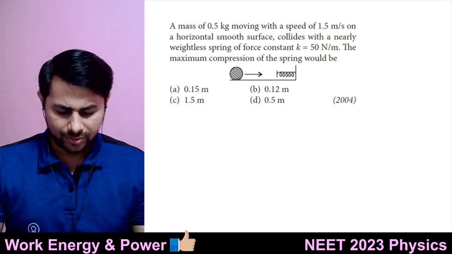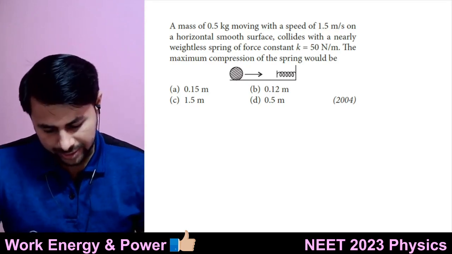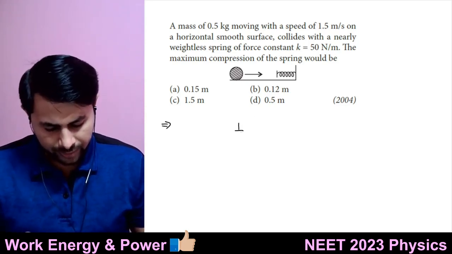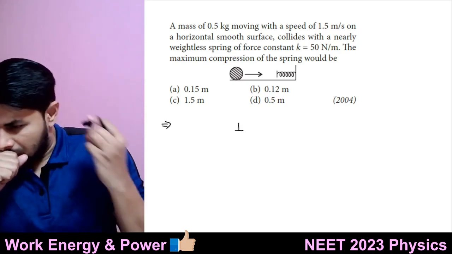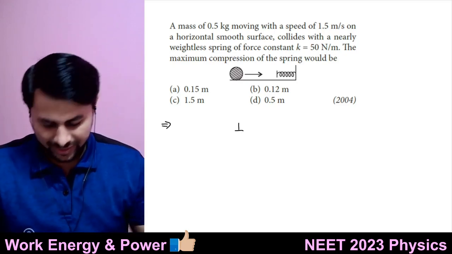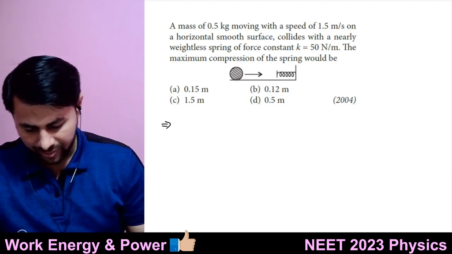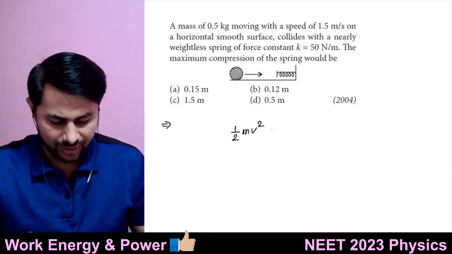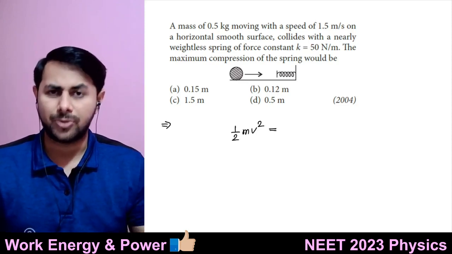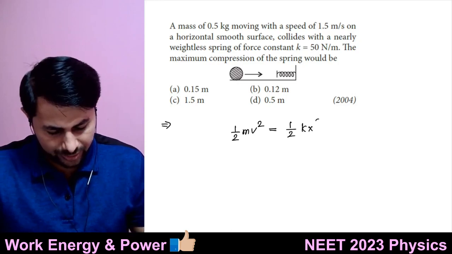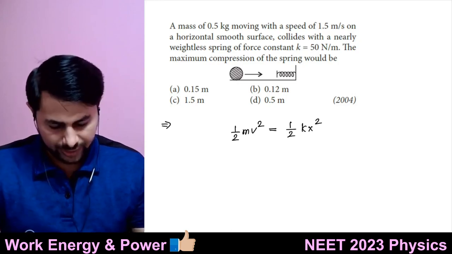So the maximum compression will be when the total kinetic energy of this mass, half of mv squared, gets converted to the potential energy, half of k into x squared.